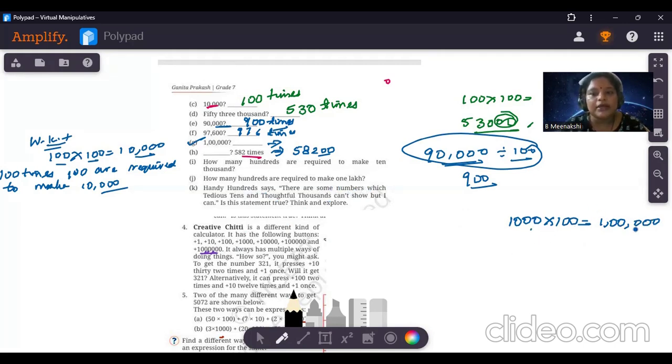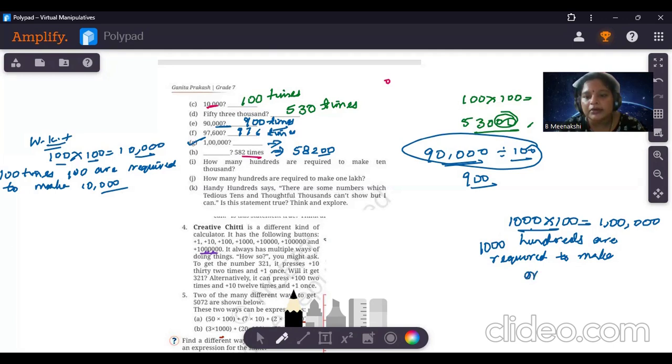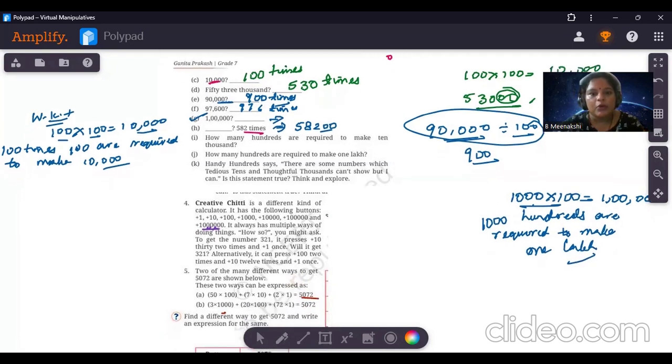So 1000 hundreds are required to make 1 lakh.